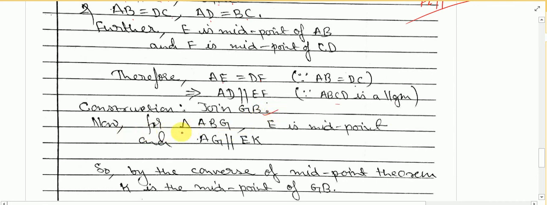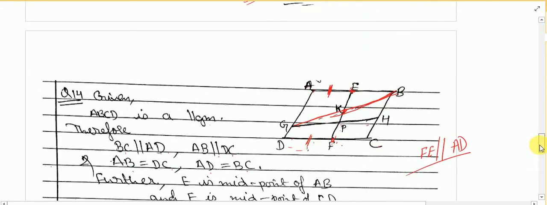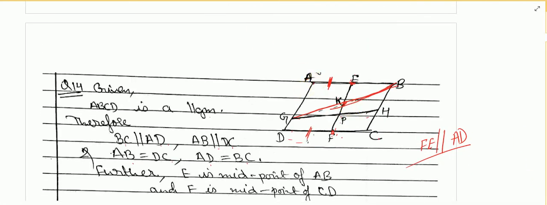Now for triangle ABG, I am going to consider this triangle ABG.